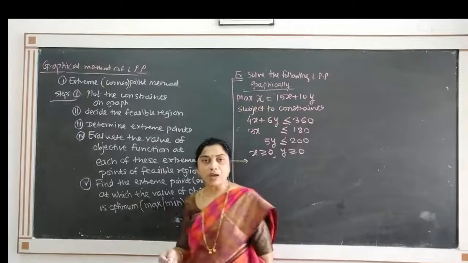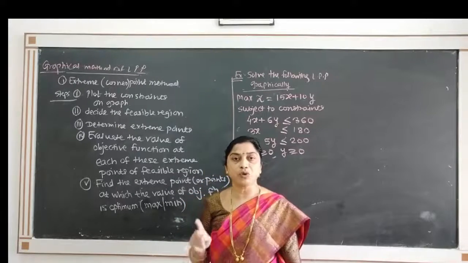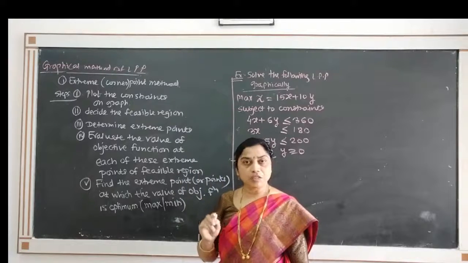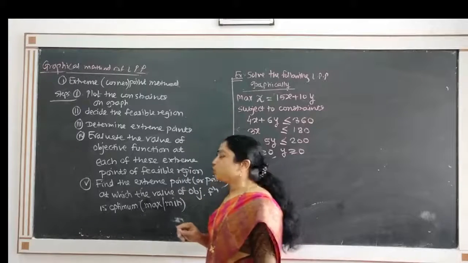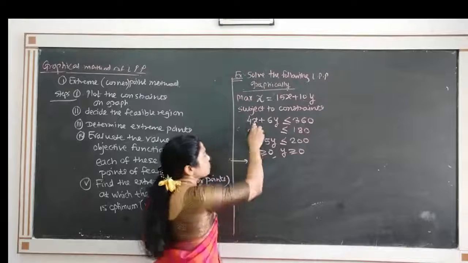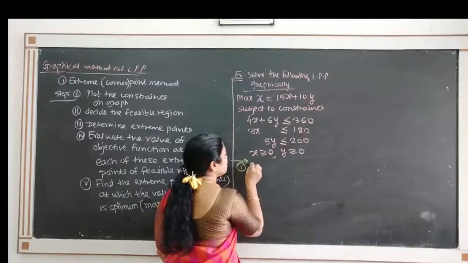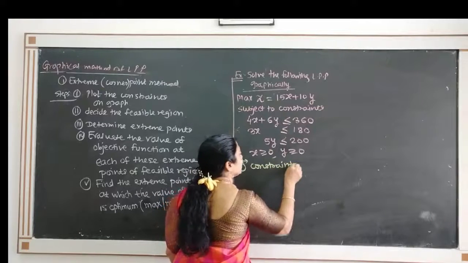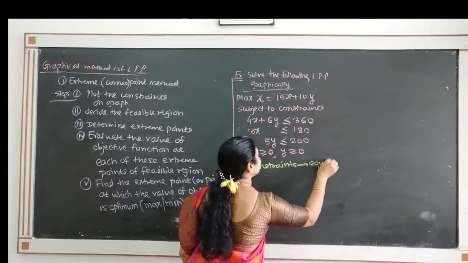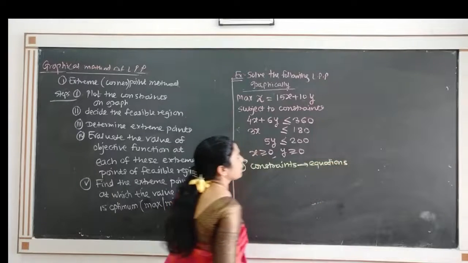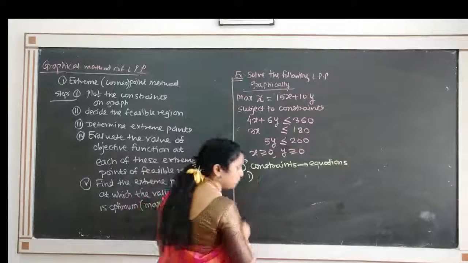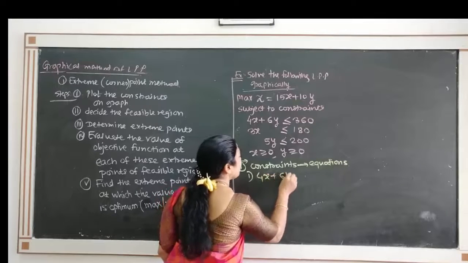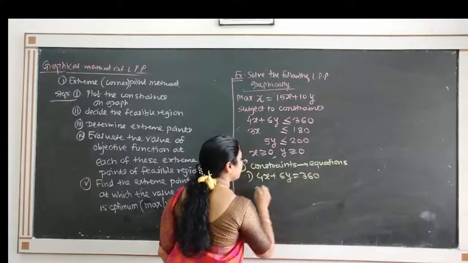And yesterday we have seen that to plot the constraints on the graph, we have to write down all the constraints as equations, find the corresponding points and plot. So we will start with the first constraint. Write down the constraints as equalities. And therefore the first constraint becomes 4x plus 6y equal to 360.